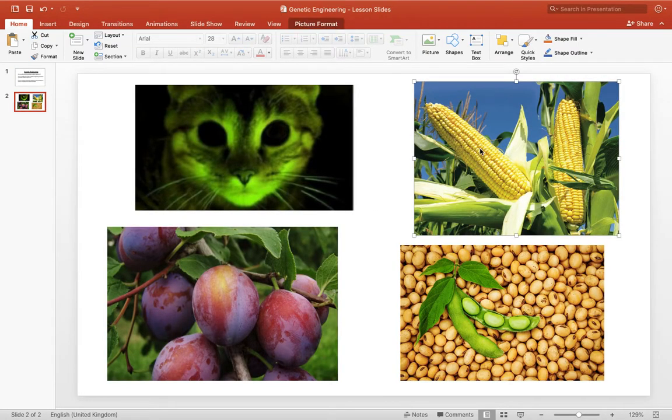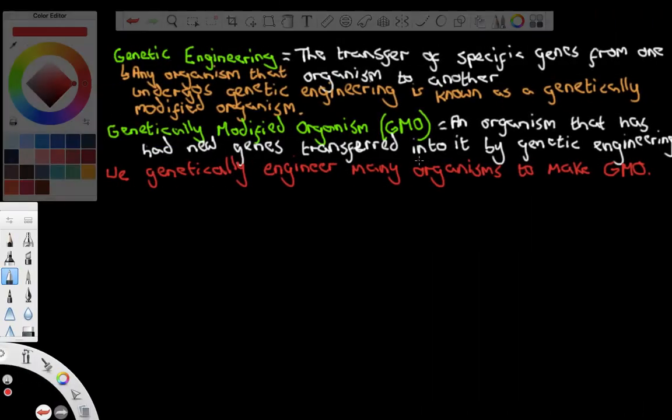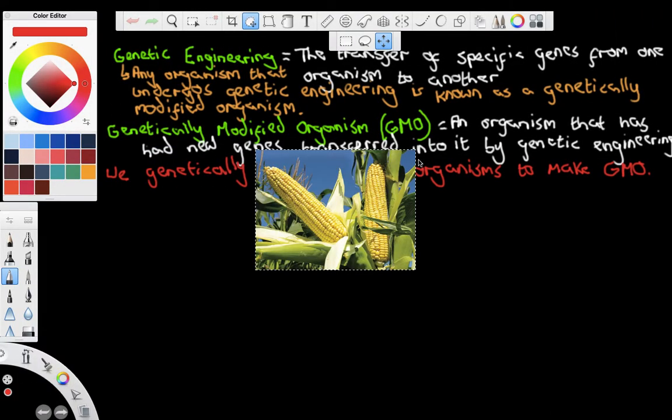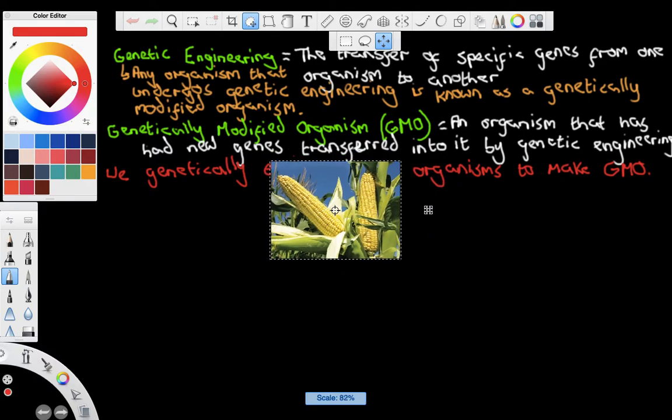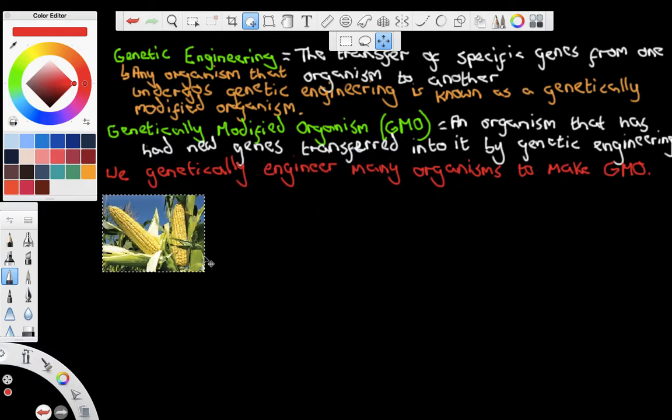The first one we're going to talk about is corn. Corn is the plant that's grown the most in the US. It's the backbone of the farming industry in the US. In the United States, they use corn to make something called corn syrup, which is added to pretty much every single food substance that the US sells, or any sort of man-made food substances. So it's added to lots of foods.